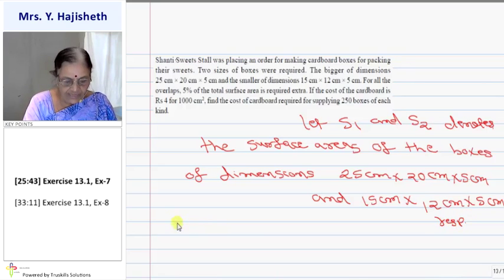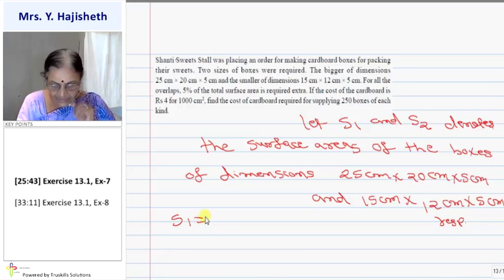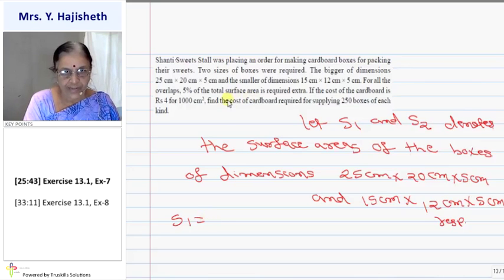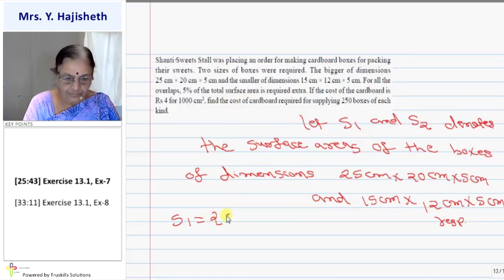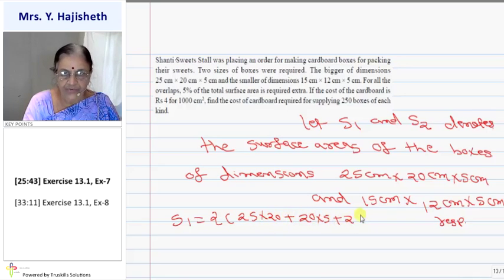So if you calculate S1, you are getting S1 is equal to 2 times 25 into 20 plus 20 into 5 plus 25 into 5 centimeter square. Okay, and your answer will be coming 2 into 725.